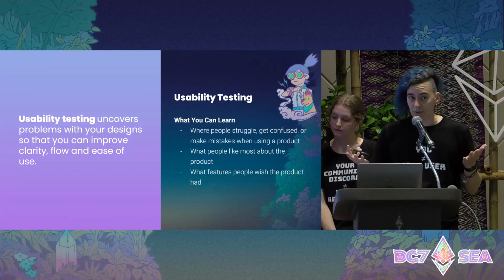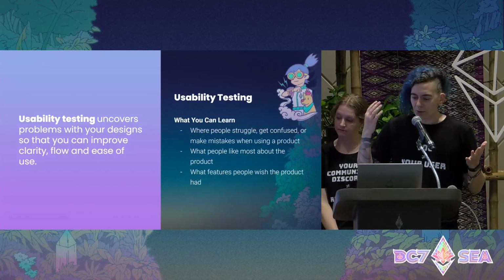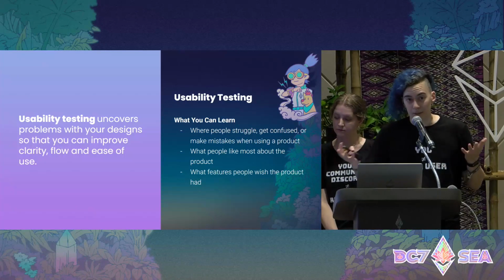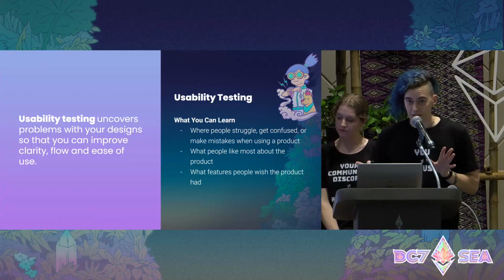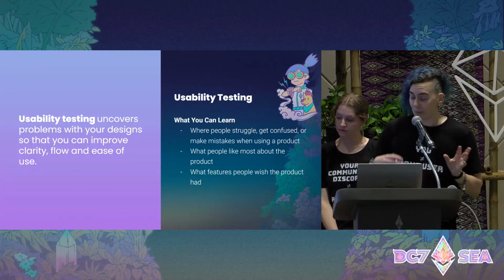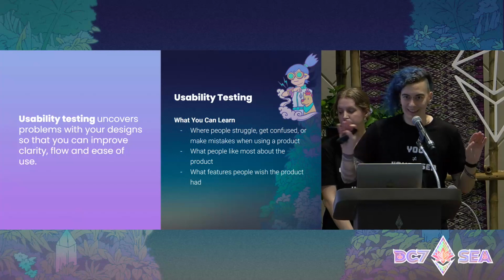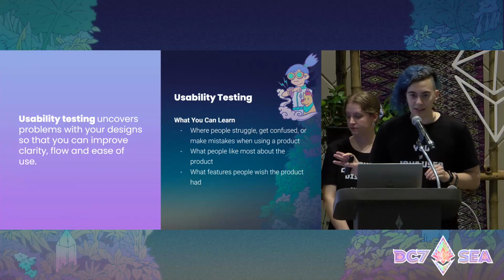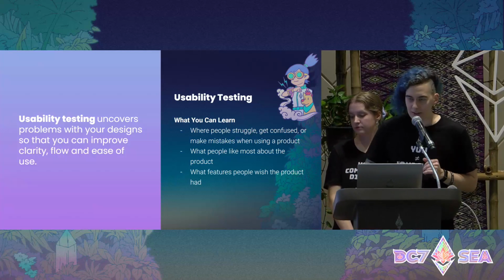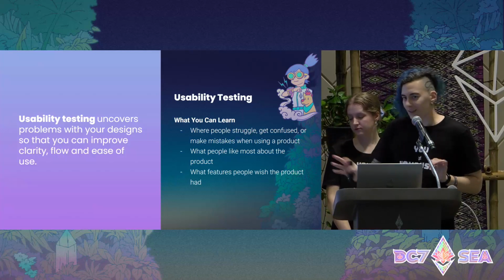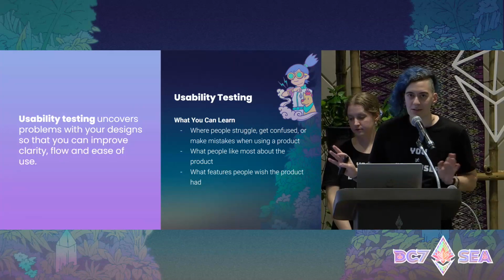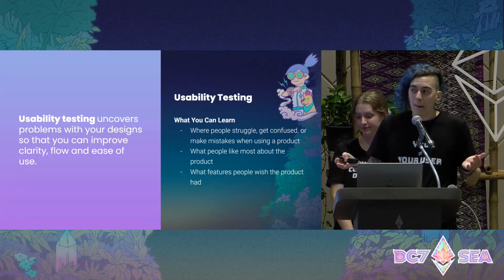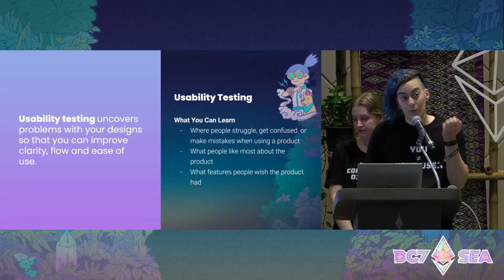So what can you learn from usability testing? You can see what it is about your product or someone else's product, can be a competitor, that makes people struggle or get confused or make mistakes. So this is where this stumbling thing comes in. That's actually good. You want to watch people struggle, because if someone does everything in 3 minutes and has absolutely no issues, I guess it's good because you found the product is easy to use, but you don't get any insights in terms of what you can improve.